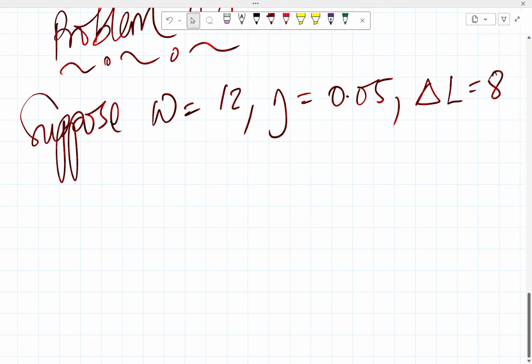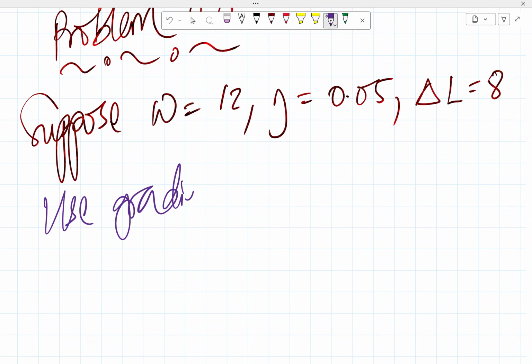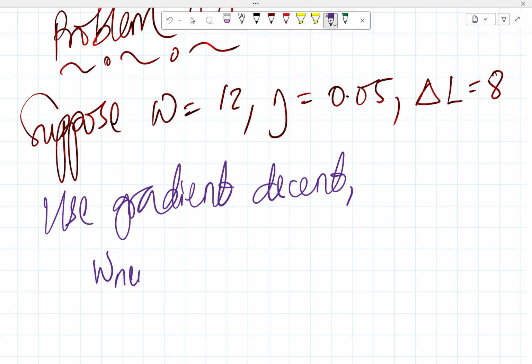So use gradient descent. That means the new W, or how I like to write it, W_{n+1} is equal to W_n minus eta grad L.